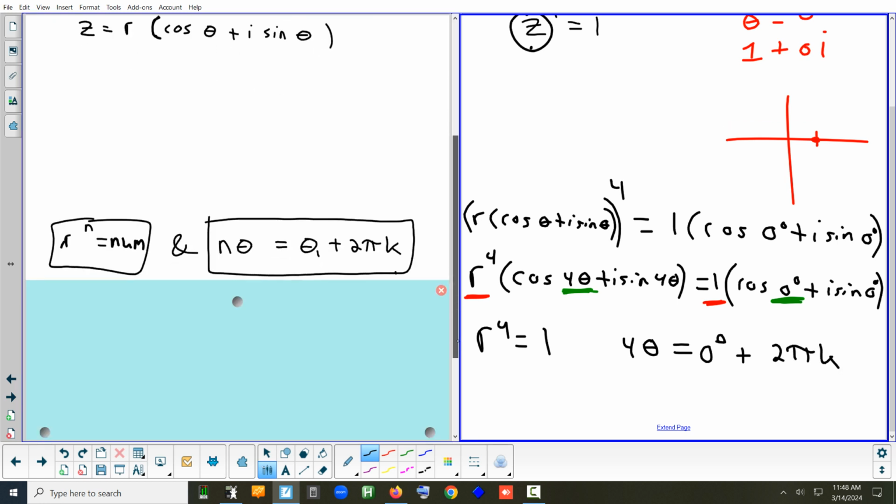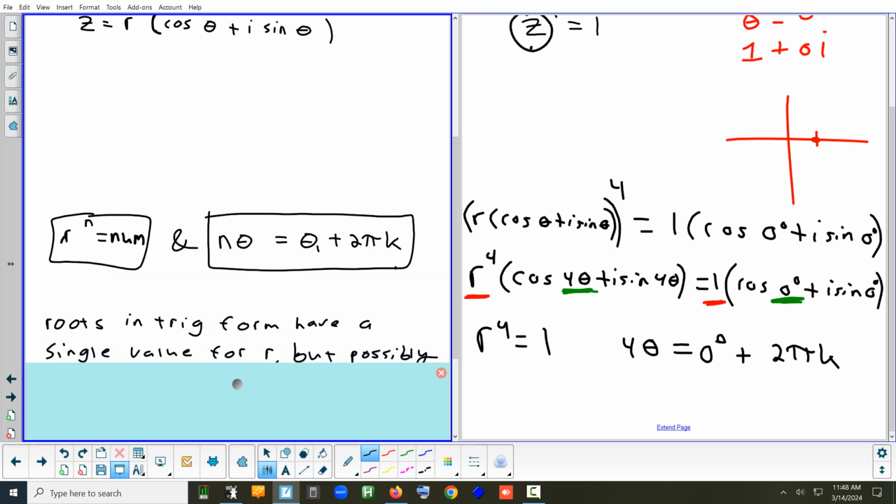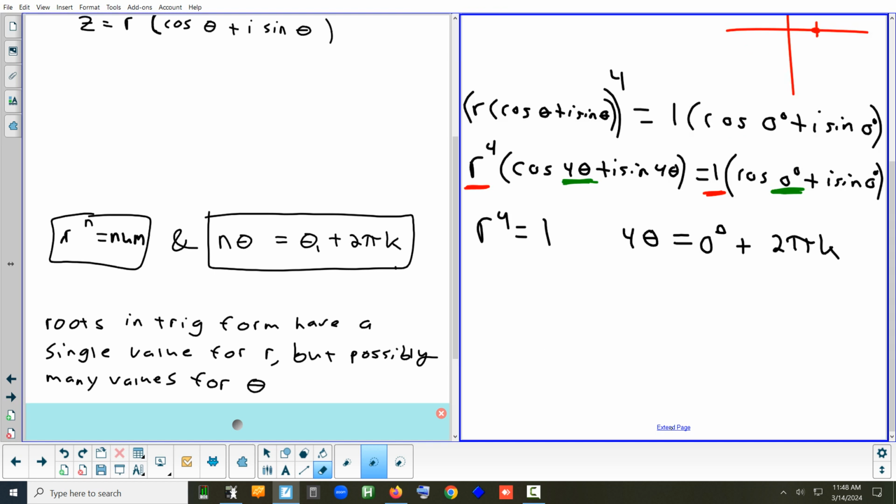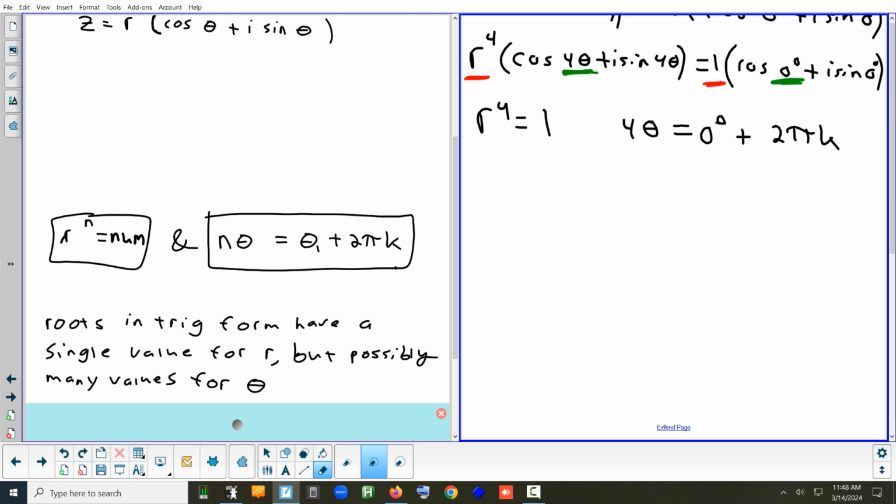Now, what does k equal? You're going to have a single answer for r. That's going to be the same in all 4 answers. So we can start writing our answers. We're going to have a 1, a 1, a 1, and a 1. It's going to be the same r in every answer.